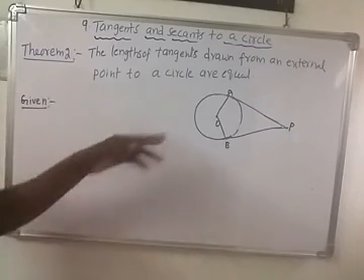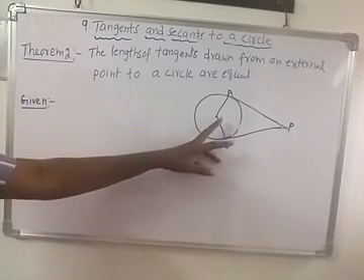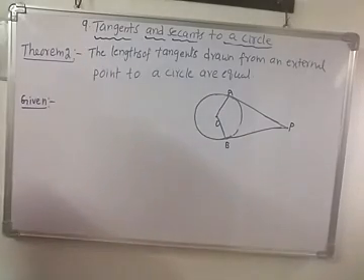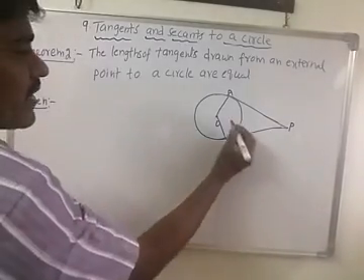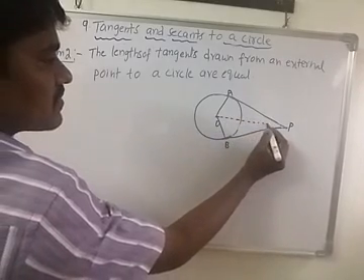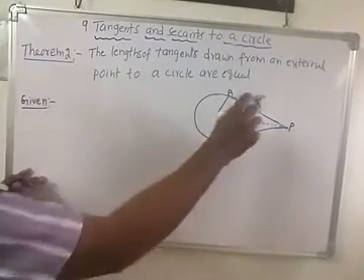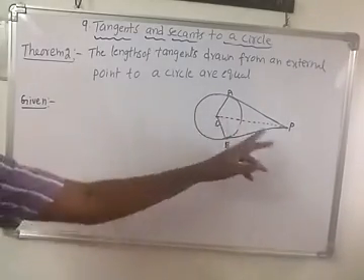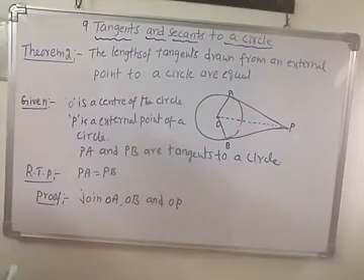So here, what is given? O is the center of the circle, and OA and OB are radii. Now we join O to P. P is the external point, away from the center of the circle, that is OP.